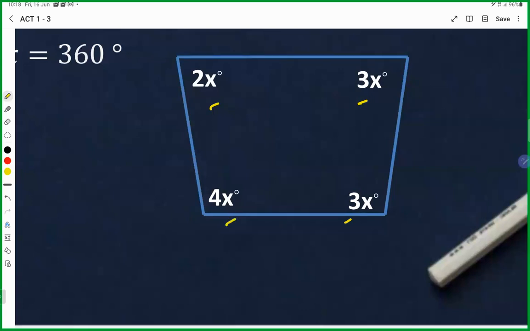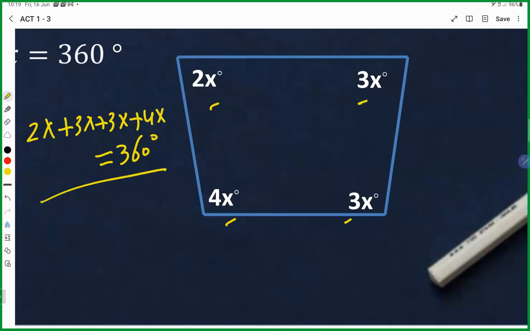In such a case we put X, because 2 to 3 to 3 to 4 is a ratio, but it's not the real value. So we can say 2X plus 3X plus 3X plus 4X equals 360. Solving this, 2 plus 3 plus 3 plus 4 is 12, so 12X equals 360.